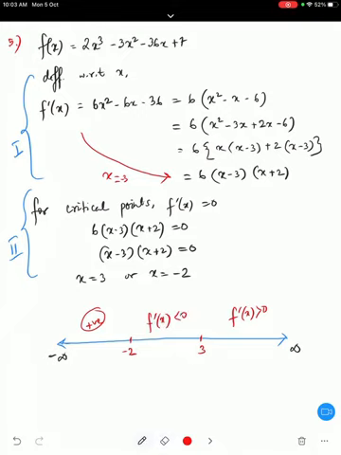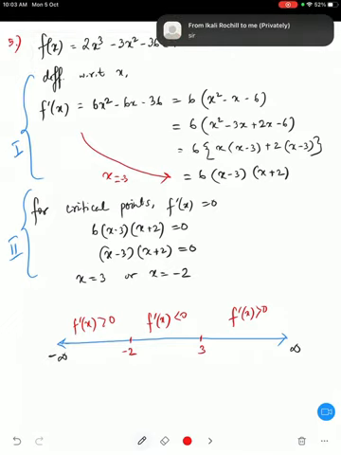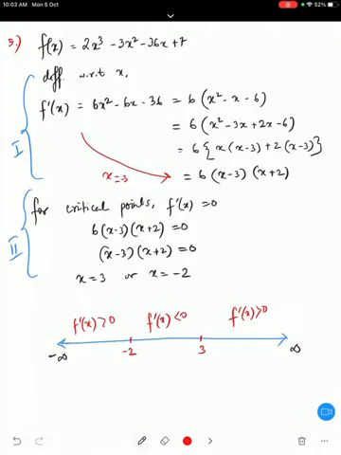Everyone, yes or no? Please write in the comment box, yes or no. You don't have to write, you are just saying yes sir for everything what I am doing. Okay, this is what you're understanding, or you're just saying yes sir. Then in your exam you will do no sir. Acha, fine.